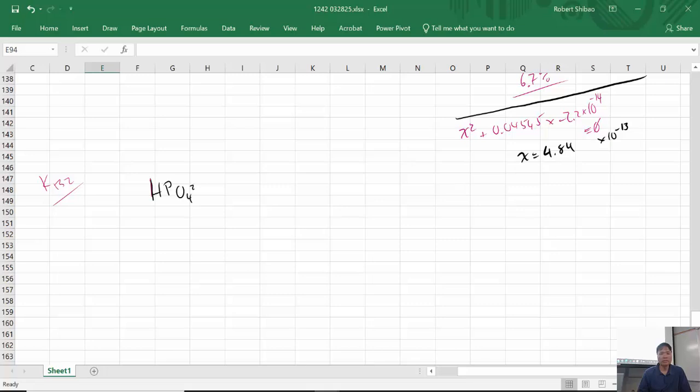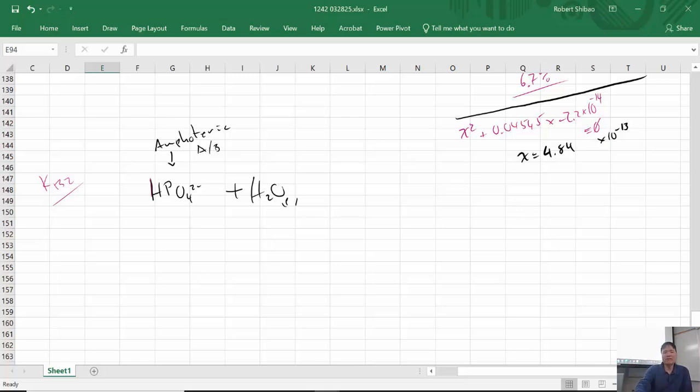So monohydrogen phosphate plus water. Monohydrogen phosphate is what we call an amphoteric species. Amphoteric means that it could either be an acid or a base.